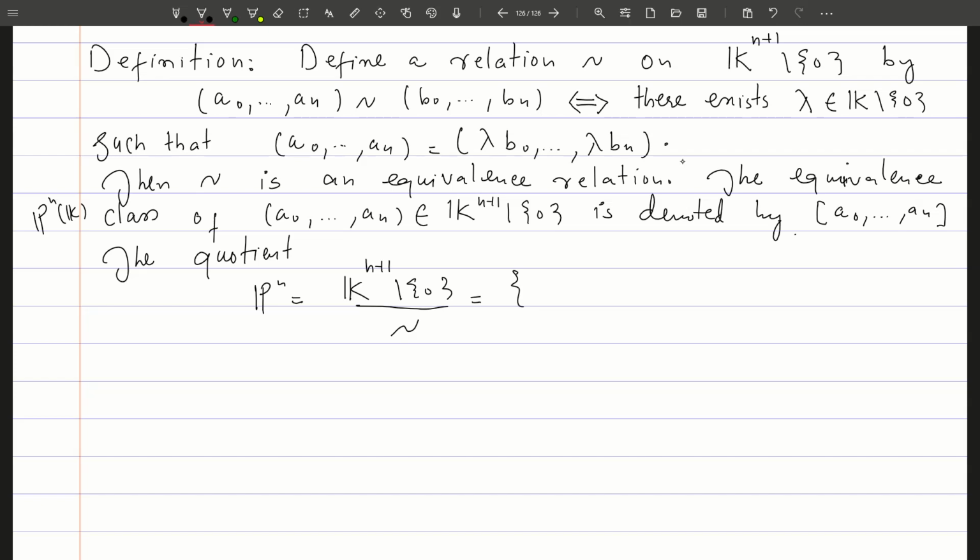So it is the set of all the equivalence classes [a_0, ..., a_n] such that (a_0, ..., a_n) is a non-zero (n+1)-tuple. This set P^n is called the projective n-space.